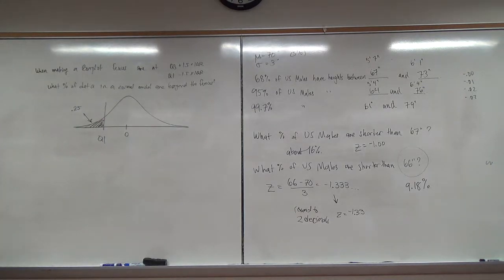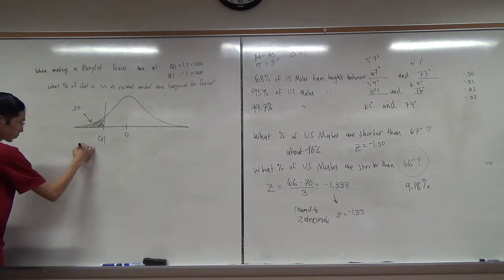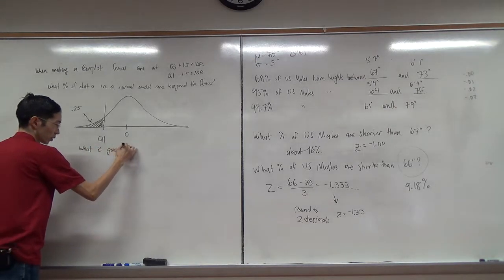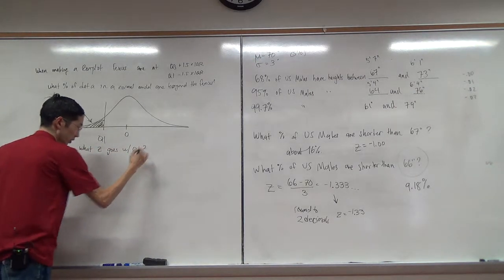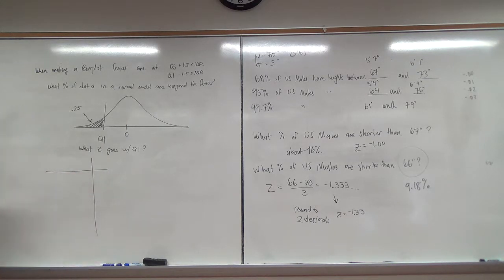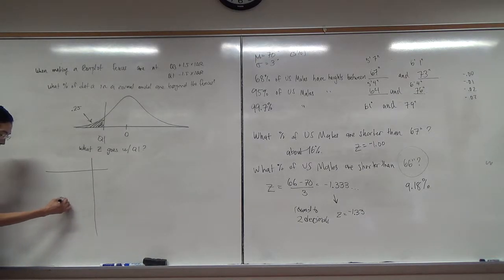Okay, so to look this up, what z goes with Q1? I'm going to go to the z table, but do I look up 0.25? No, I look up 0.25 in here.